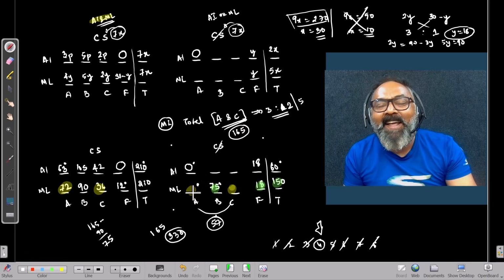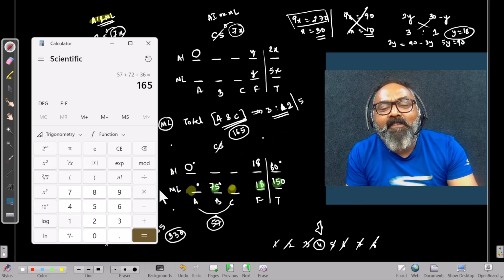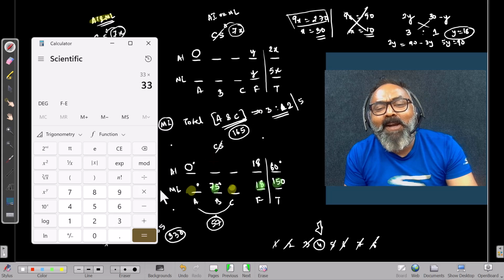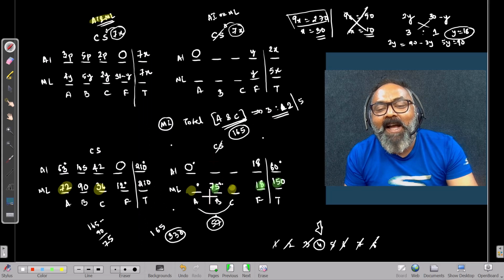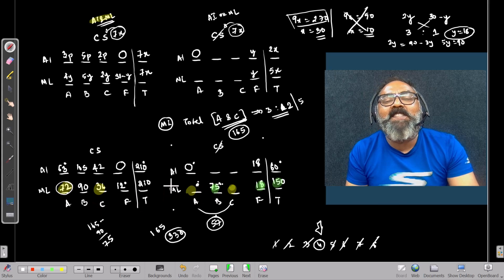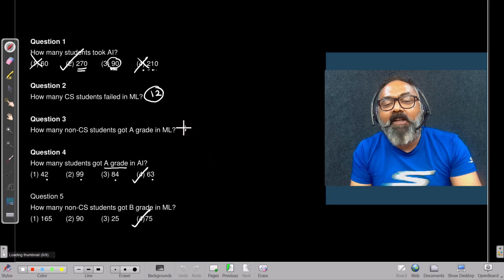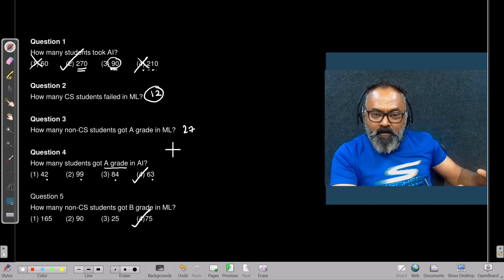We are interested in A. Let's forget about C. So 165 divided by 5, multiply by 3. Don't do this calculation. That will be 99. So this plus this equal to 99. So what is this? 99 minus 72, which I believe is 27. We got that, and that will be the answer, 27. And there we answered.